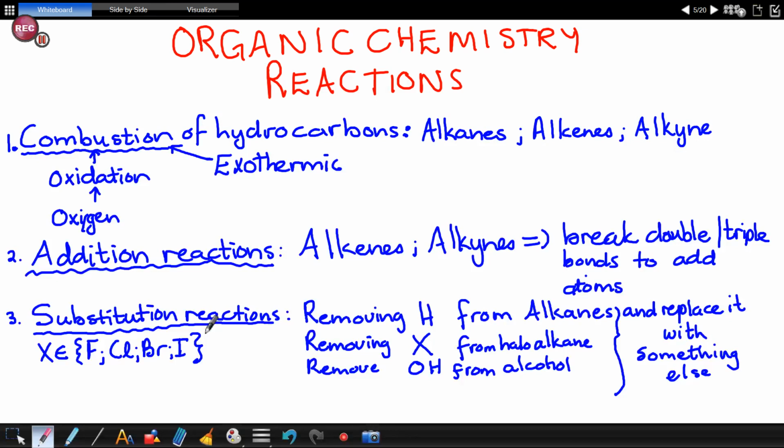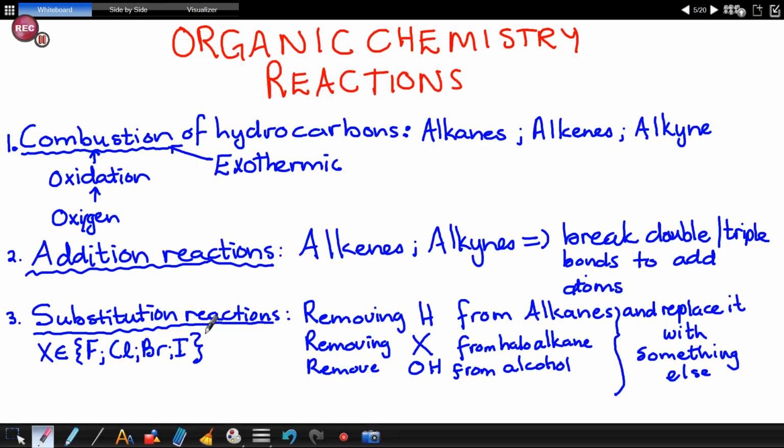So you see, for the combustion of hydrocarbons, right? The hydrocarbons are reacting with oxygen in order for that reaction to take place. What do the alkenes and alkynes, the addition reactions, need to react with in order for it to do?